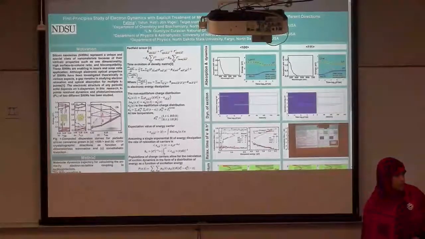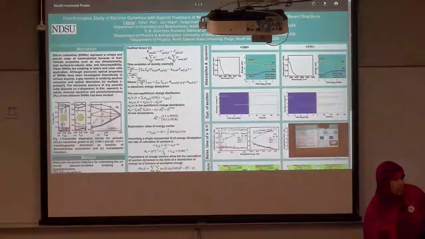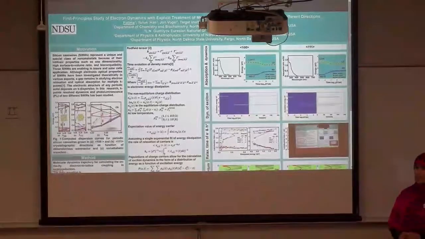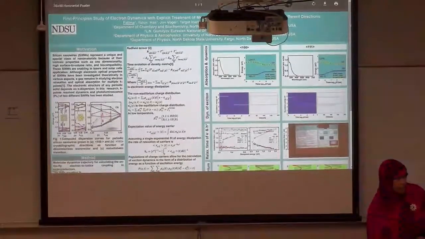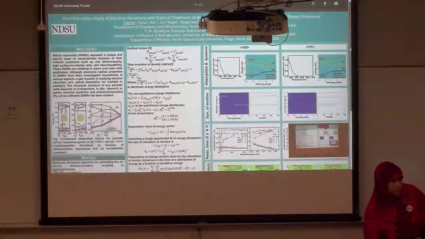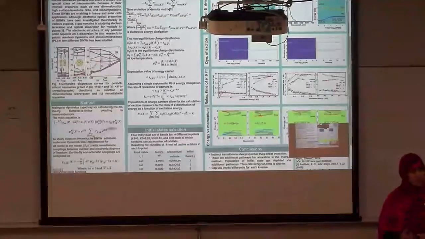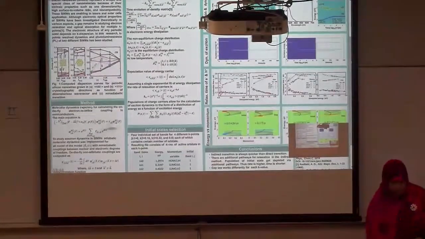Here we calculated non-radiative lifetimes of electrons and holes for two silicon nanowires grown in the 001 and 111 directions, with momentum conservation and without momentum conservation.